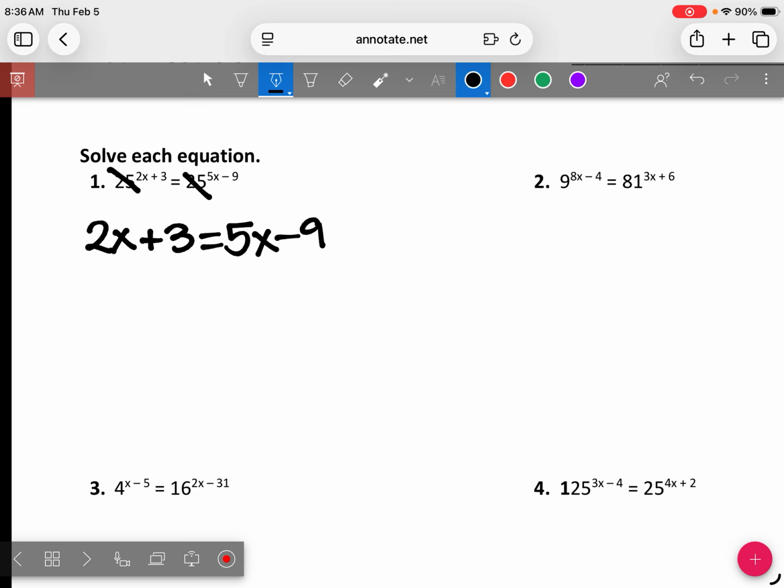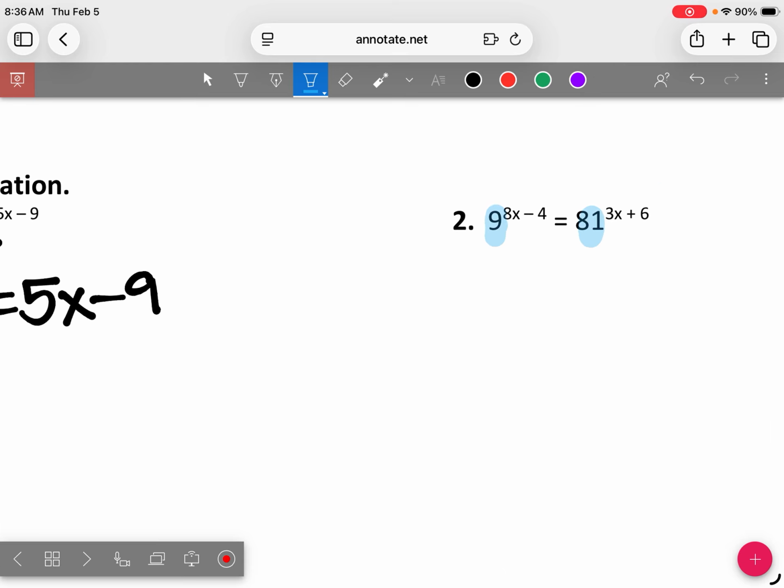All right. Let's look at number 2. These numbers have to be the same, right? They're not the same, so we cannot cross it out. So what we need to do with your calculator is figure out what is my exponent. What exponent do I put on a 9? 9 to the what power is 81?